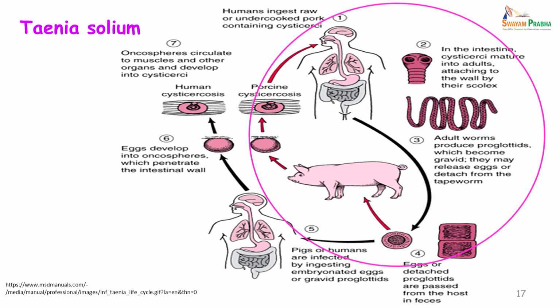The eggs and the proglottids will then contaminate the soil, and when pigs eat this, they will develop cysticerci in the muscle.